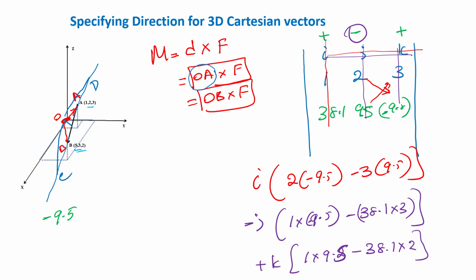What is minus 5 times 9.5? It's 47.5. That's better. Yeah.